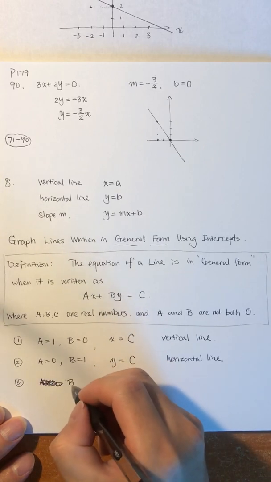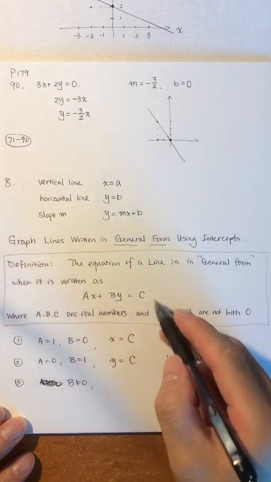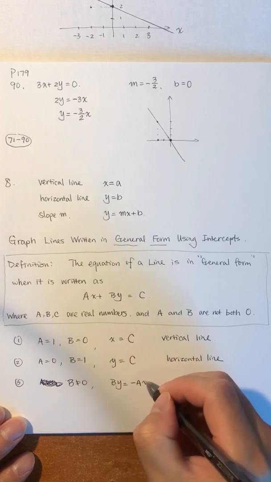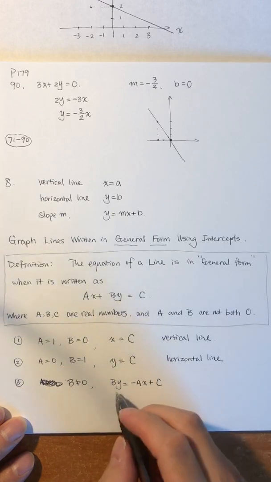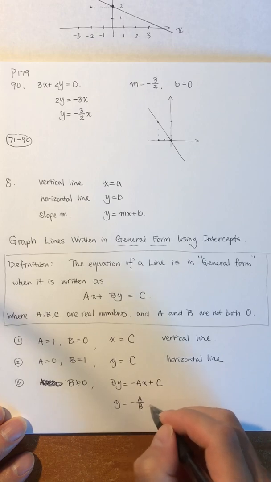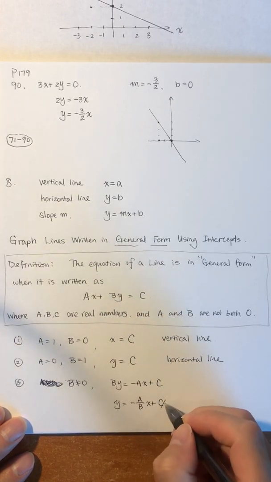If b is not 0, let's check. I'm going to move ax to the right side, so we'll get by is equal to negative ax plus c. Because b is not 0, we divide the equation by b. We will get y is equal to negative a over b times x plus c over b.